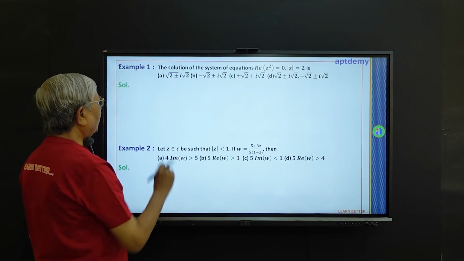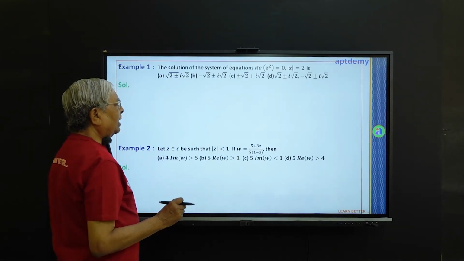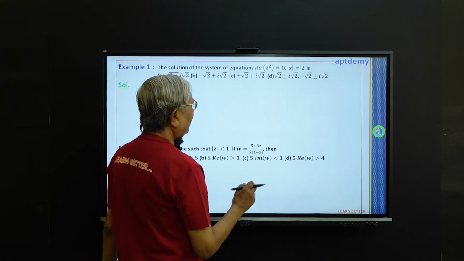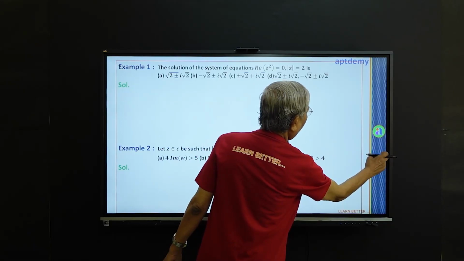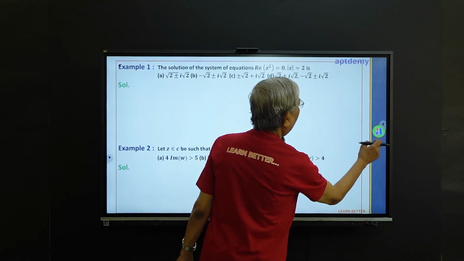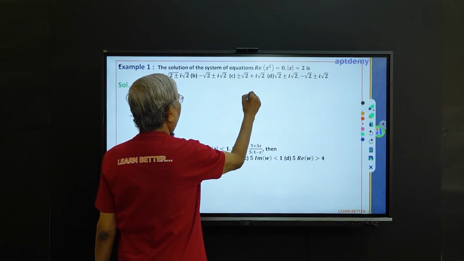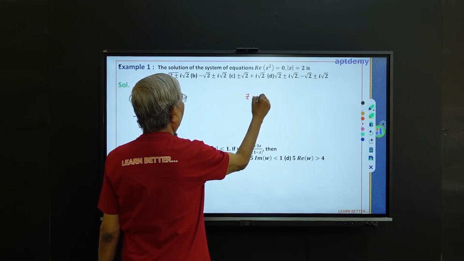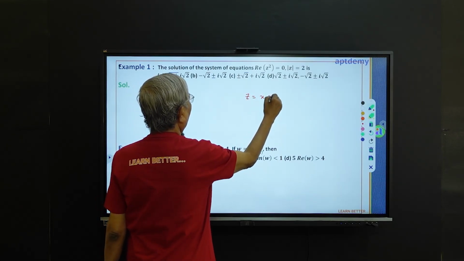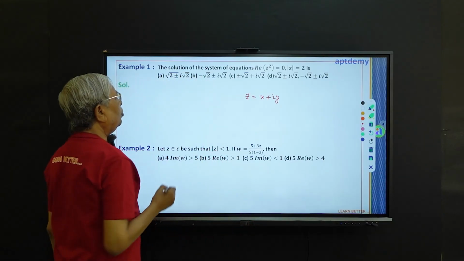This is the first problem. Now, in the case of complex numbers, first we take z is equal to x plus iy. Next, we write down two equations.